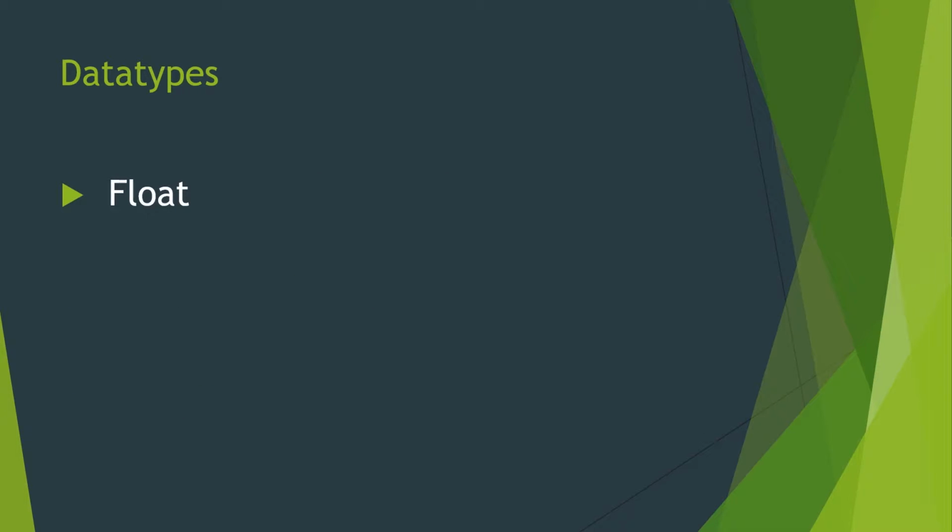So an integer, I said, was whole numbers. We also have a float, which covers all the numbers, so 0.1, 0.2, 0.3, and so on. And if you set a float equal to 1, it's gonna be 1.0. Same with double. Double and float are almost equal.